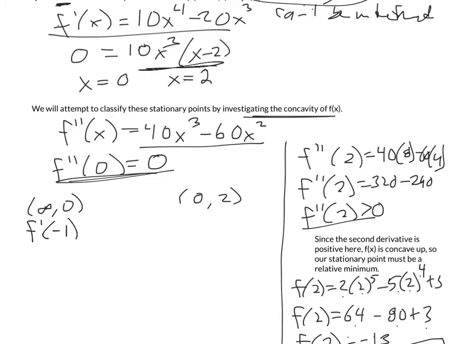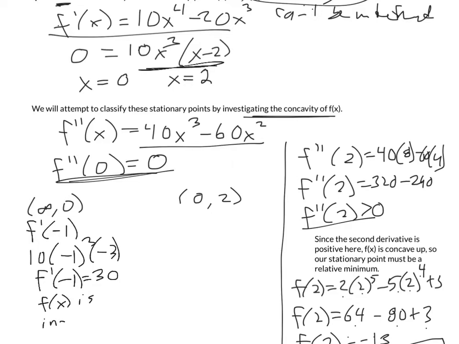So if I plug -1 into this thing, I'm going to get 10 times (-1) cubed times (-3). I can see pretty clearly that this is going to be positive 30. So we can see over here that my derivative is positive. That means my function is increasing, right? So f of x is increasing.